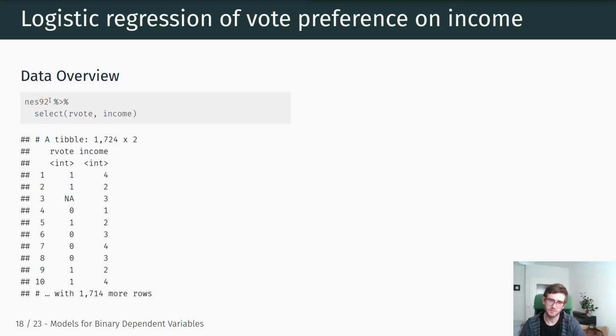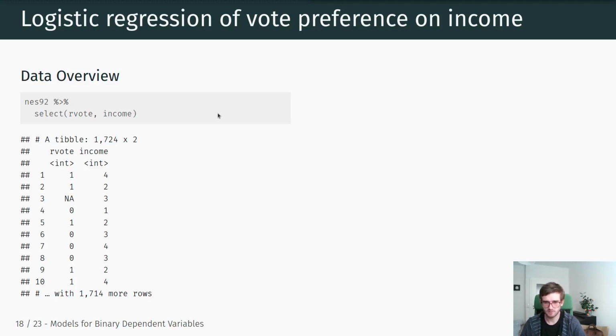So this is just the 1992 US presidential election between Clinton and Bush. And we are going to predict vote choice, so people's support for the Republican candidate, Bush, based on income. And income was a measure of different income brackets. This was a 5 category predictor ranging from 1 through 5 for different income groups.